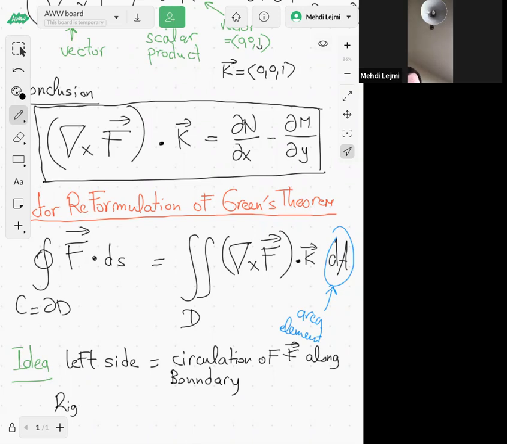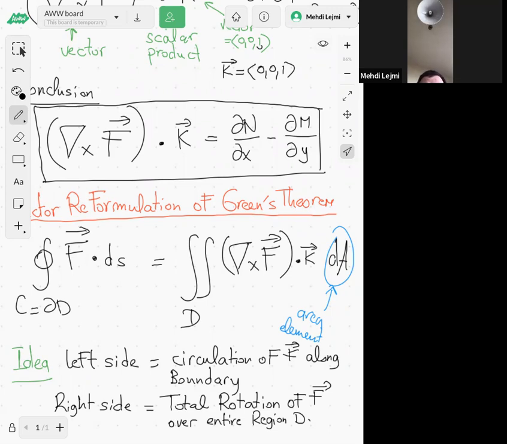So the right side would represent the total infinitesimal twisting or rotation of F over the entire region D. This is a sort of geometric interpretation of Green's theorem.